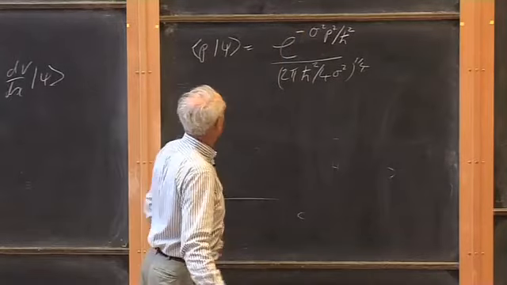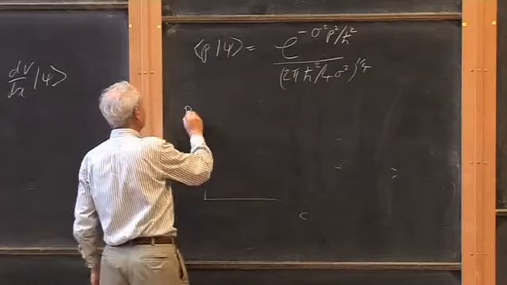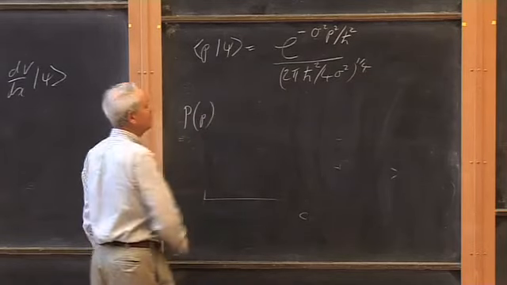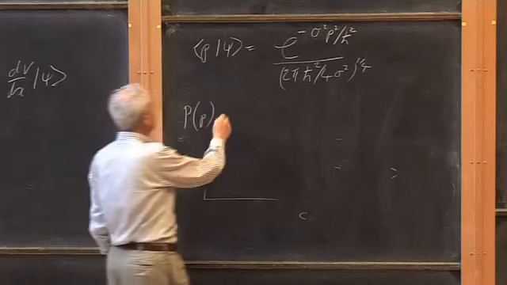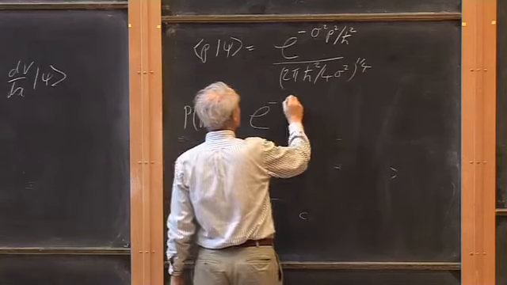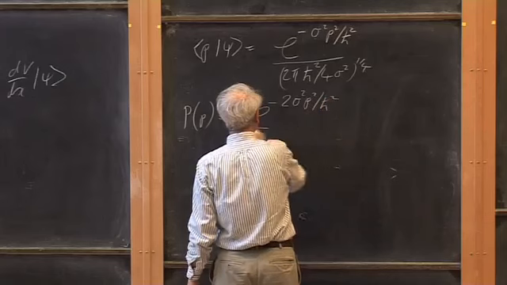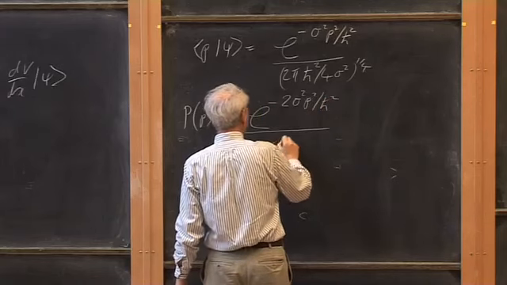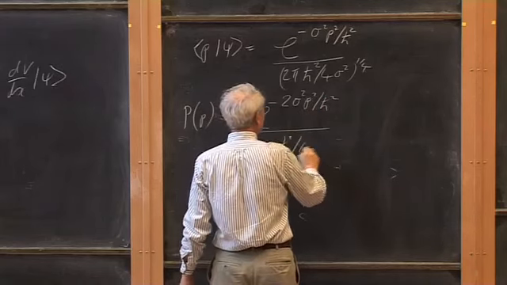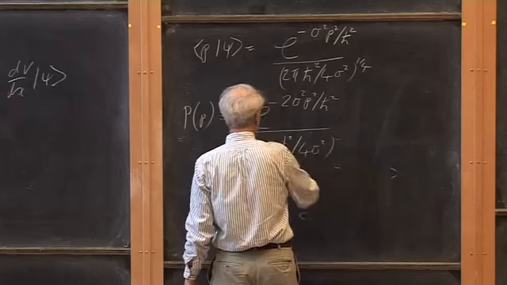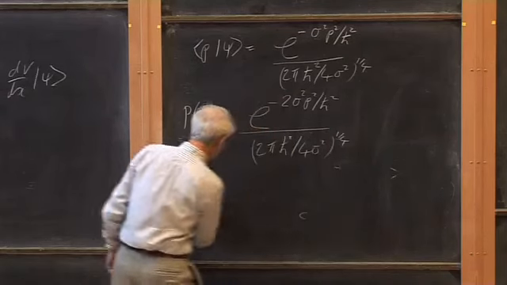So that, if we square this up, we get the probability of measuring various momenta, which is clearly going to be e to the minus 2 sigma squared p squared over h bar squared over 2 pi h bar squared over 4 sigma squared to the quarter.